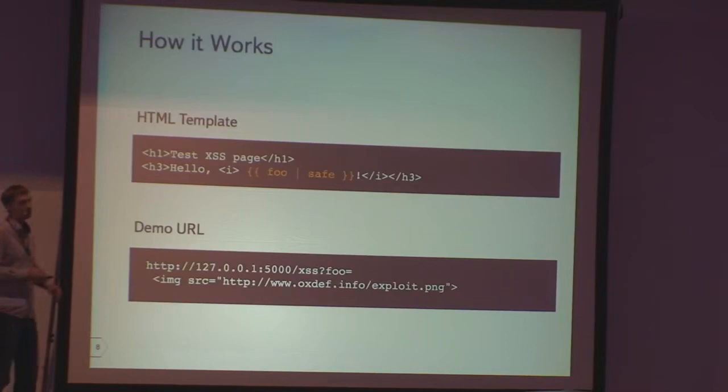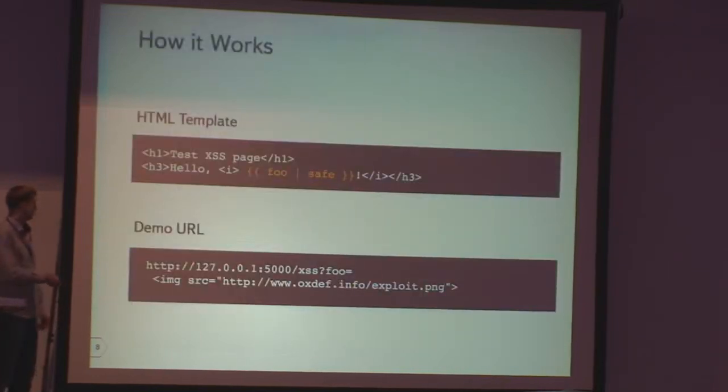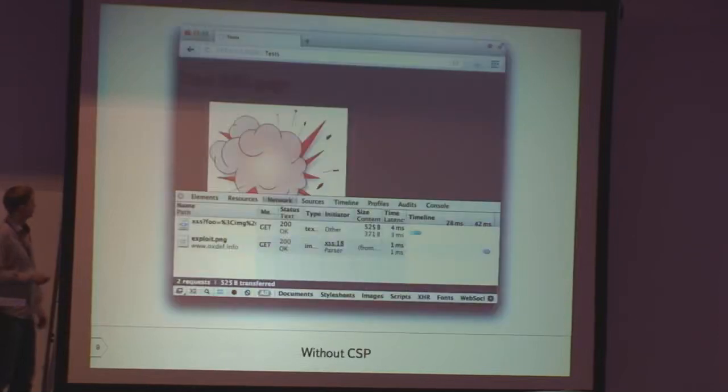It's a demo URL, it's not a real attack. So if we insert this image, we will have such a picture. You can see that the image is inserted in your web page, and in the browser console, you can see two requests. The first one is to your web application, and the second one to take the image from an external host.